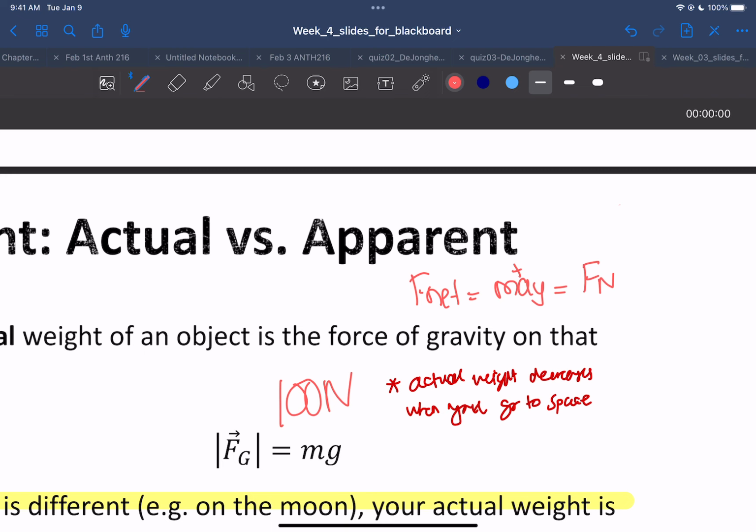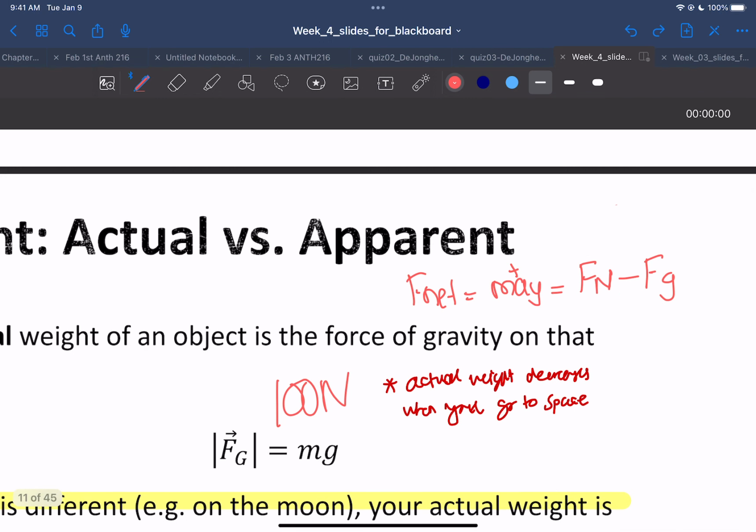Then if you have that same scale inside the elevator, showing you your normal force, what force the scale is exerting back on you, minus Fg, which is your weight on the scale, you realize that the scale reading, the normal force, is going to be equal not just to Fg, like before, where we had no net force, but to Fg plus that net force that the elevator is imparting. In which case, your normal force is going to be greater.